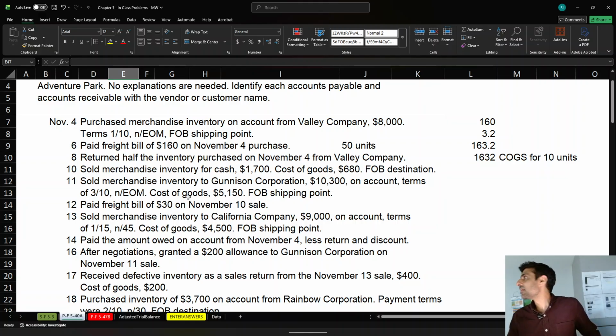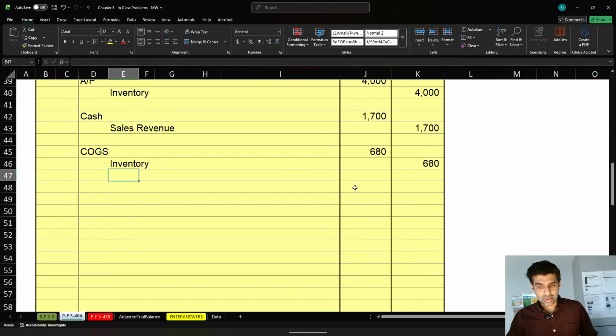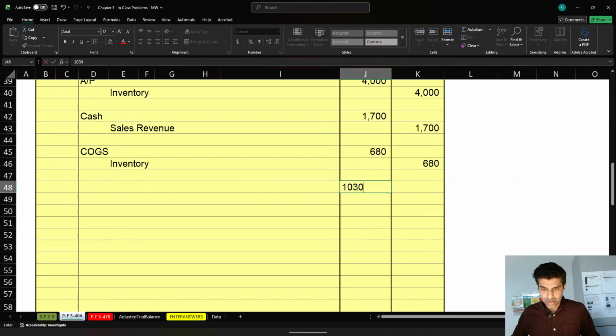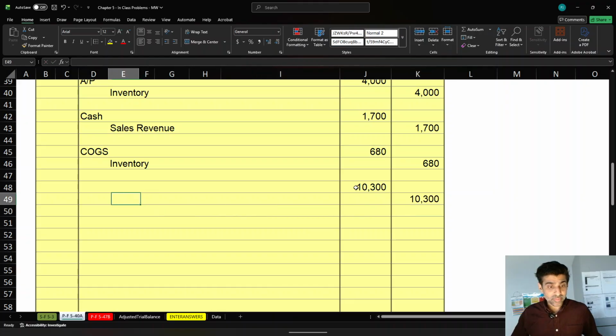But we don't know what's going to happen when we record this transaction, so we're just going to go one step at a time. Again, we're assuming that they're not going to take the discount, and we're going to record the full amount of the revenue. So we're going to record 10,300 in revenue. And again, it's called sales revenue, not service revenue, sales revenue.